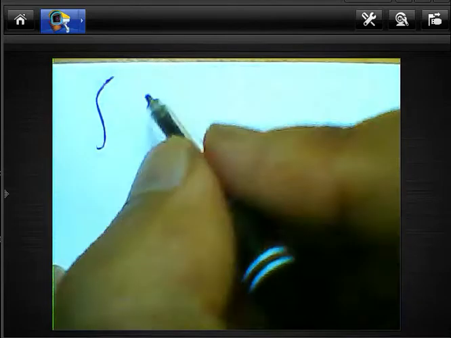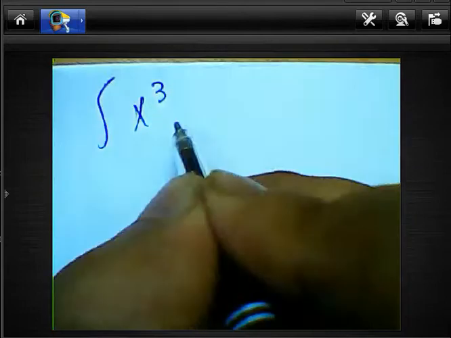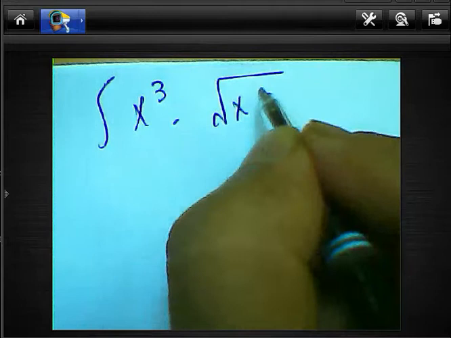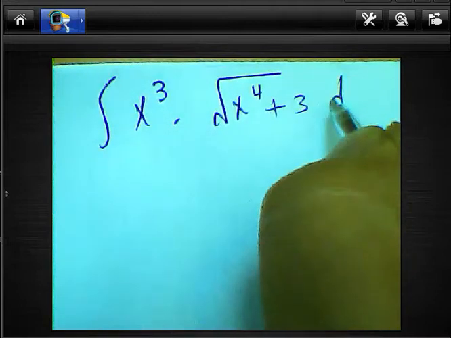Another example, look here. You want to find the integration of x power 3 times the square root of (x power 4 plus 3) dx.